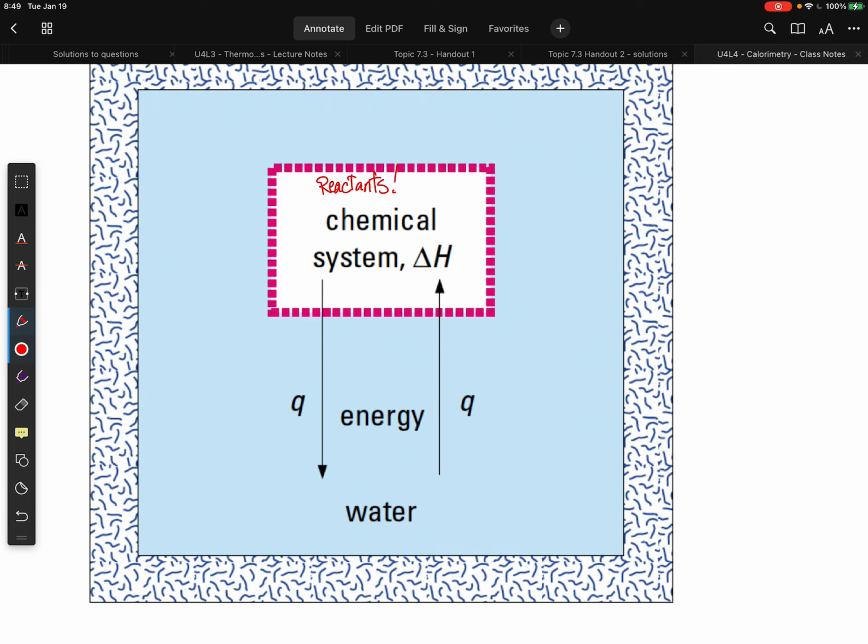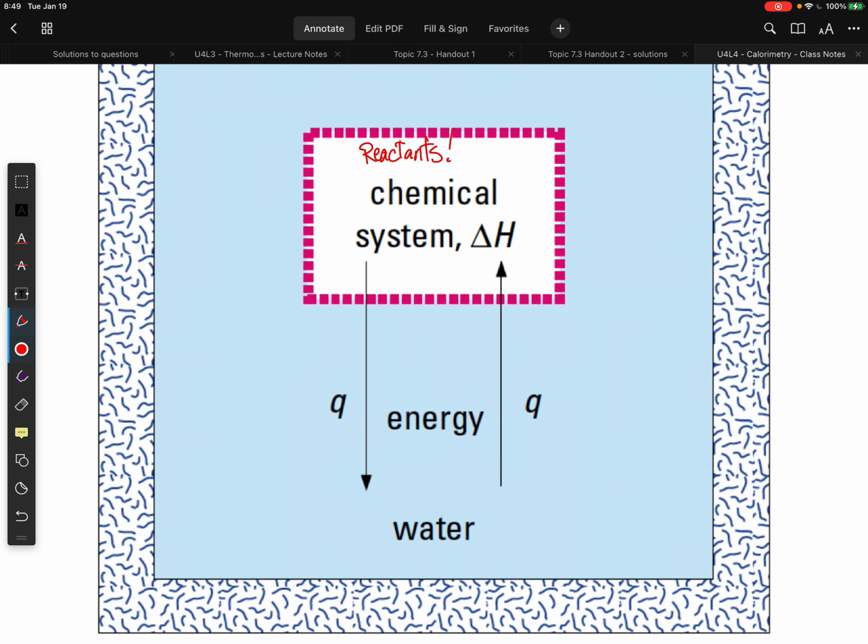And this is referred to here as our chemical system. It could be two liquids, it could be a couple of solids placed into water, it could be a liquid and a solid. It doesn't really matter much here for our purposes. Okay, so if this process is exothermic, energy will go from the system into the water. So here, delta Q would be negative for the system, but positive for the water.